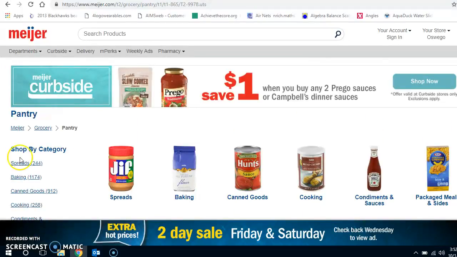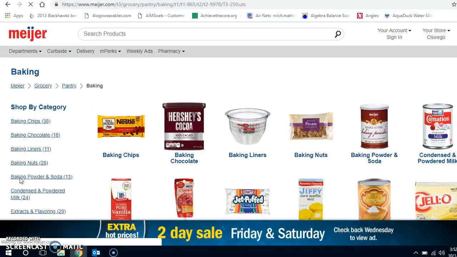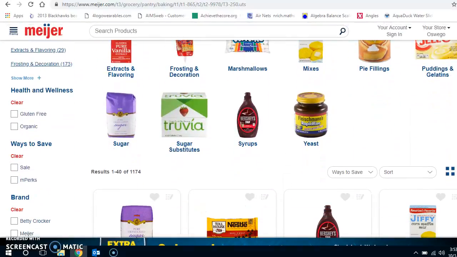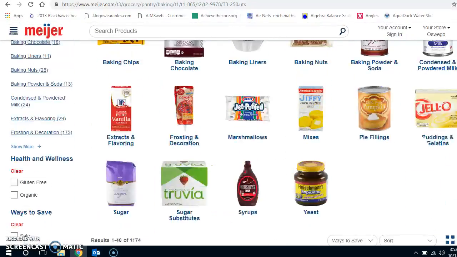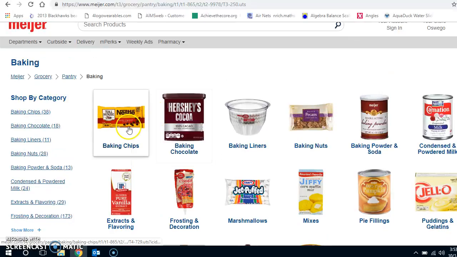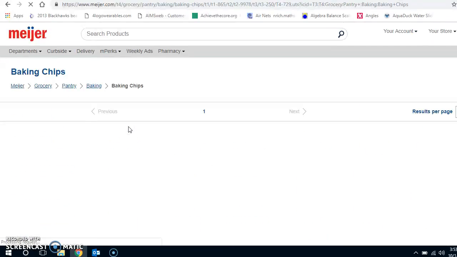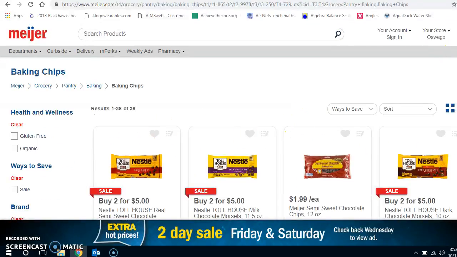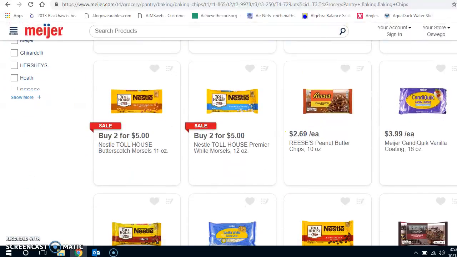And from there, it gives me some ideas. I can look at spreads, baking, canned goods, cooking, and baking. And here are all kinds of items I might use to bake cookies or cakes with. If I click on chocolate chips, it takes me into all different kinds of chocolate chips that I could select.